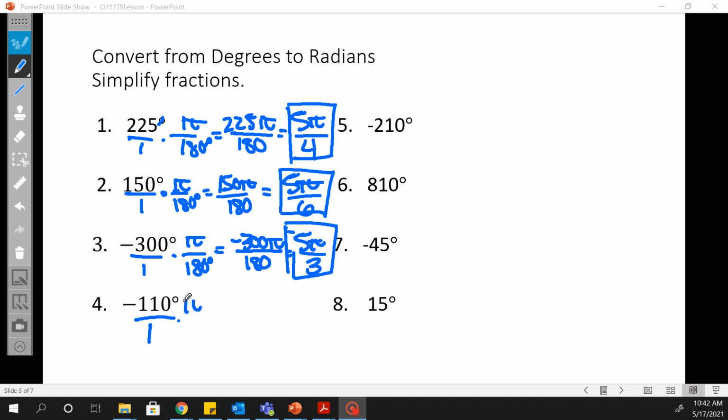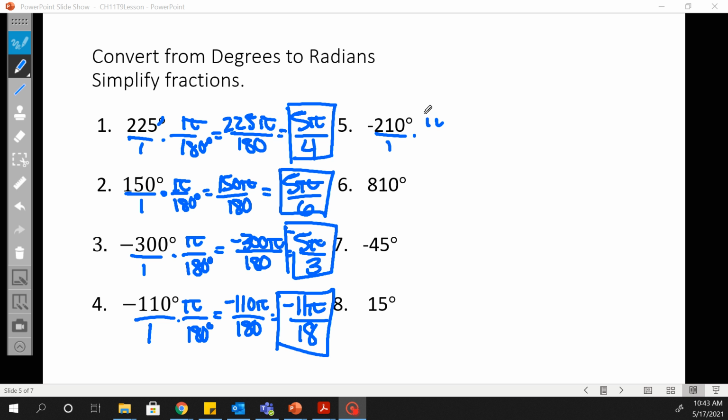Pi over 180 degrees. So we get negative 110 pi over 180, and we can simplify that. So that is negative 11 pi over 18, and that's in radians.